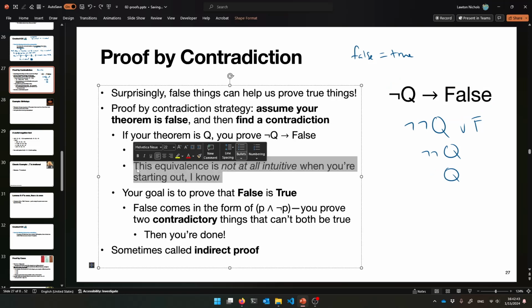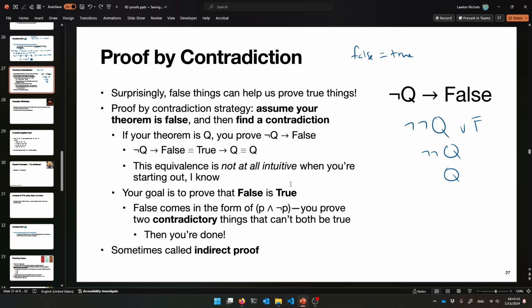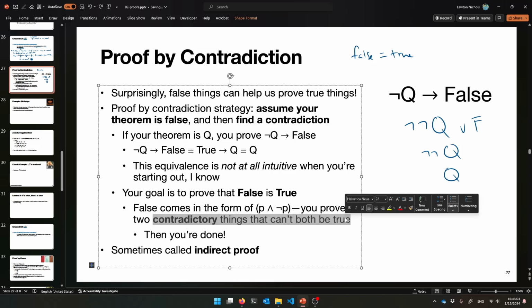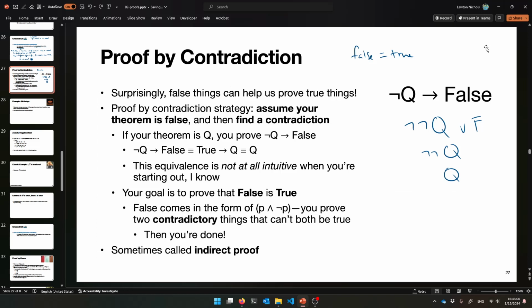It's not intuitive at all, especially when we use this as a proof. But our goal is to prove that false is true somehow. Okay, and that's how you do it. That's your contradiction. And so proving that false is true looks something like this. You're proving that two things that can't be true at once are both happening. You prove that two contradictory things that can't both be true both are true under this weird assumption.